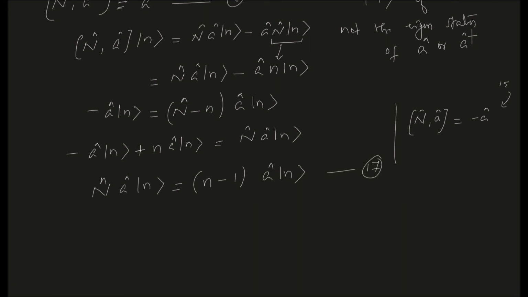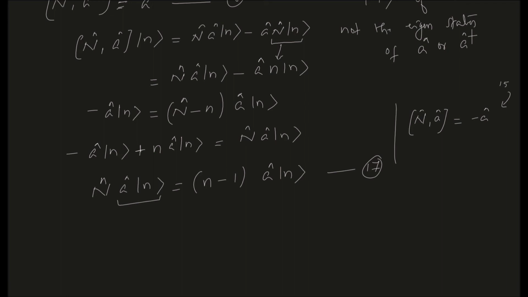Now you can see that the effect of a acting on this |n> is that it lowers the eigenstate n by 1 unit, right? It lowers the eigenstate by 1 unit.